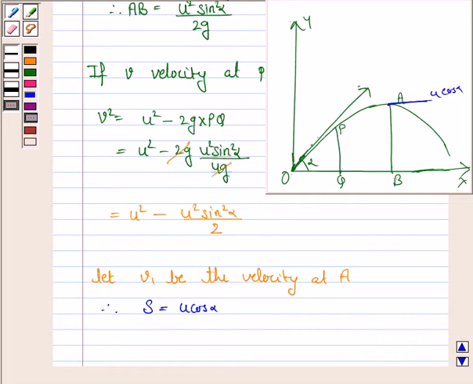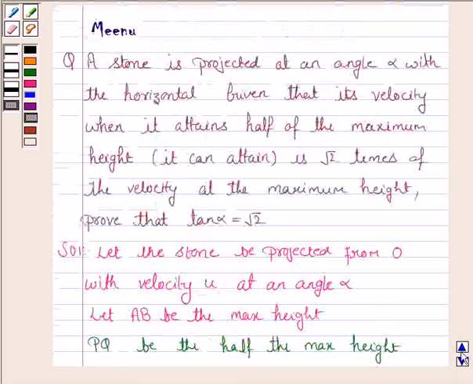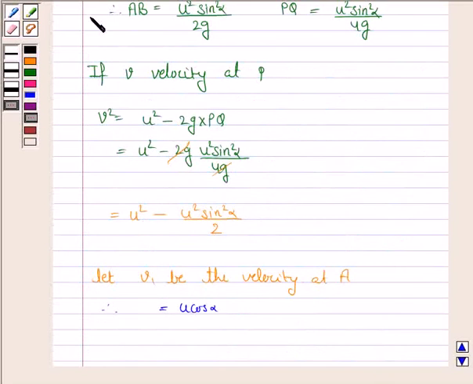Also we are given that the velocity when the stone attains half of the maximum height is √2 times the velocity at the maximum height. Here we have v1, and the velocity at half the maximum height is √2 times the velocity when it is at the maximum height.